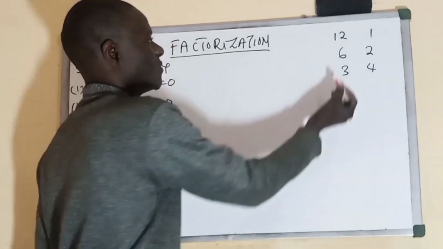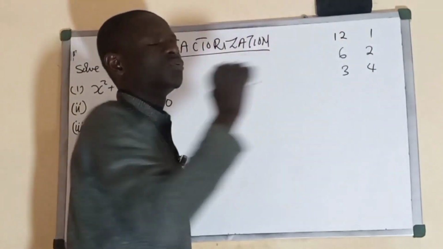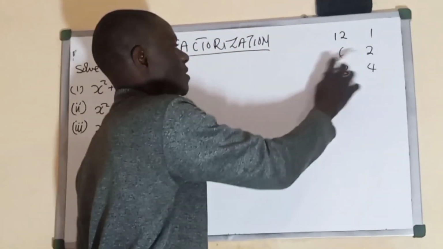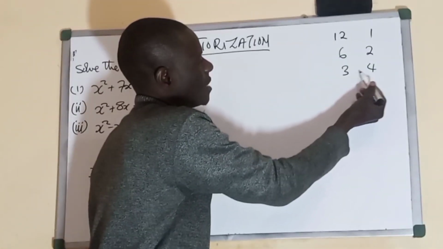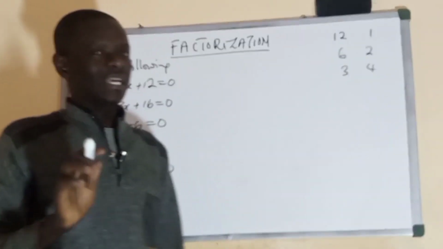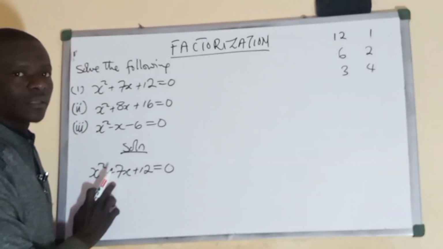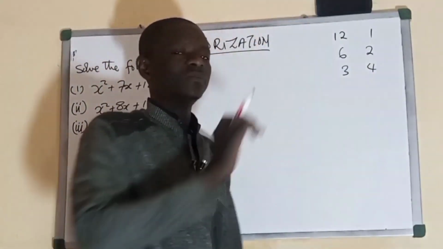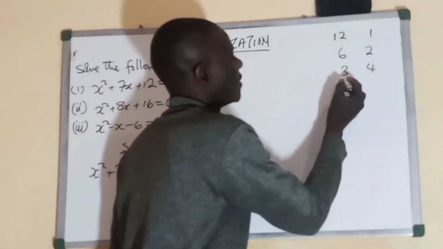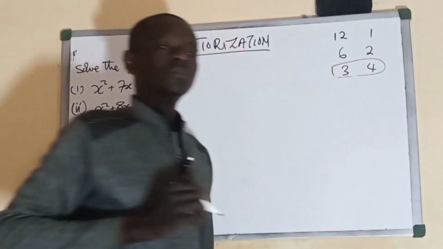So you see, if we multiply 6 and 2, it will give us 12 also. But if we add the numbers, they will give us 8. If we add 3 and 4, they will give us 7. And if we multiply, they will give us 12. Definitely, these are the factors that we have to use.